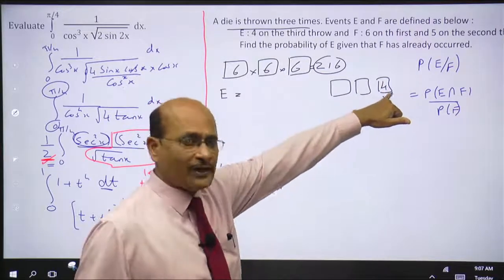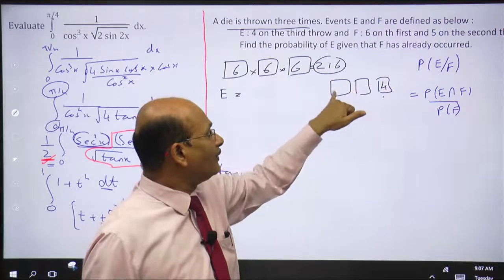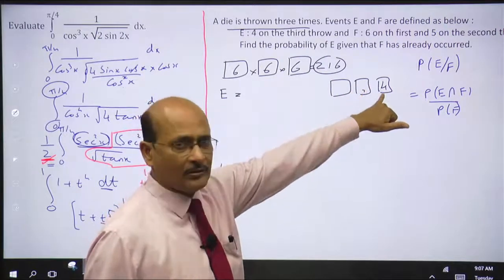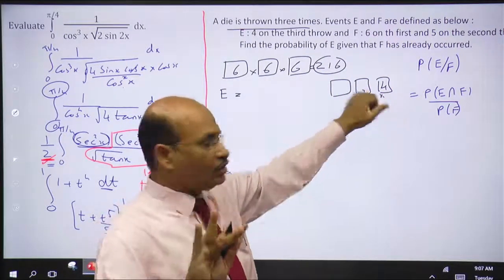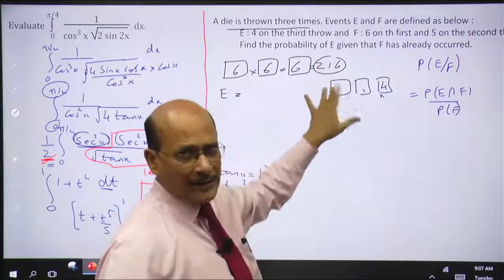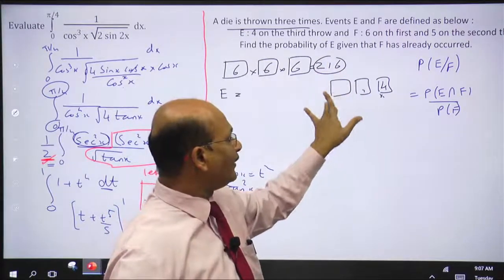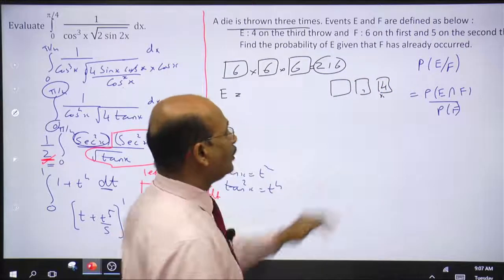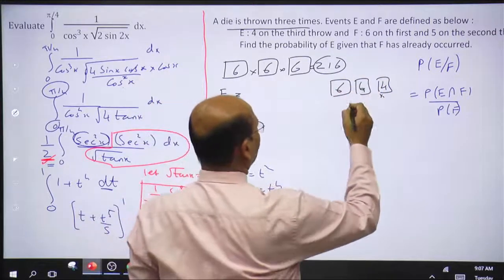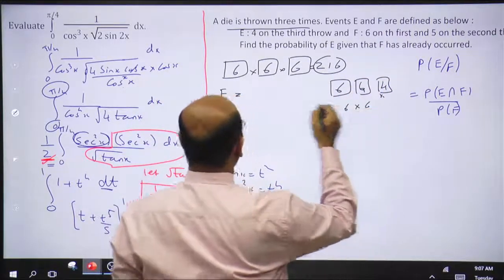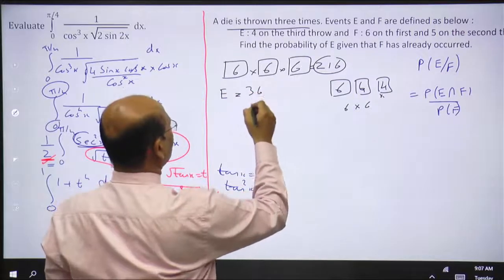So 4 is fixed. So total outcome will be 6 into 6, 36. 2 dice variation will happen in 2 dice, 1 2, 1 3, 1 4, 1 5, 1 6, 4. 4 is fixed. So 6 outcome, 6 outcome. So 6 into 6, this is nothing but 36 upon 216.